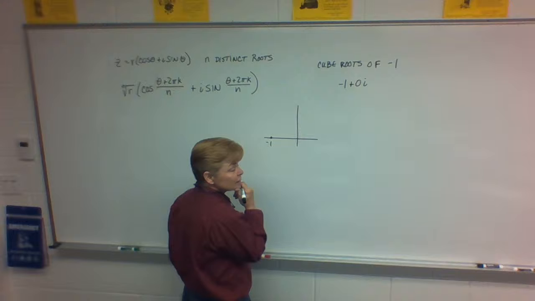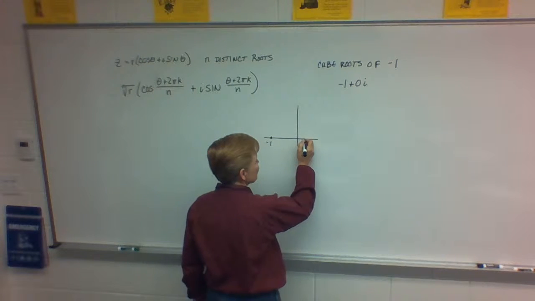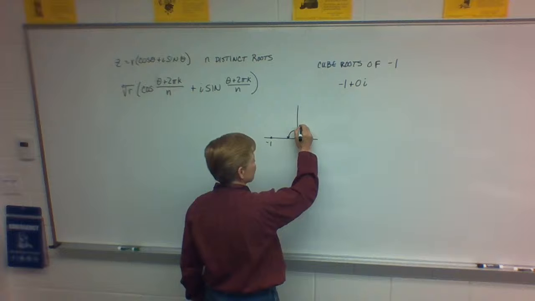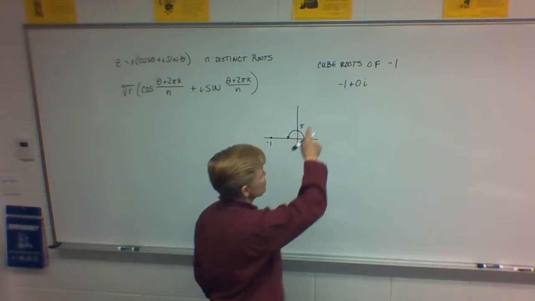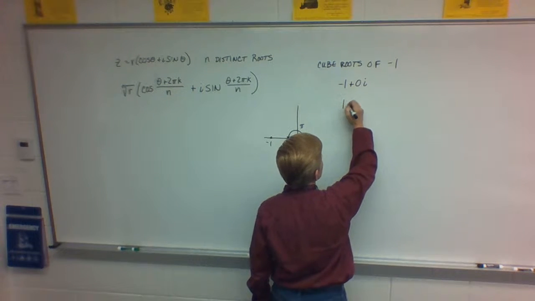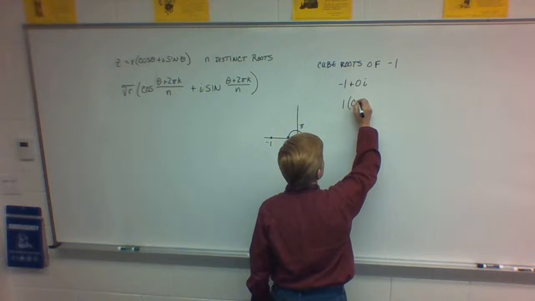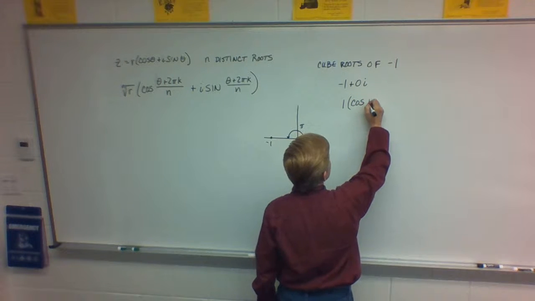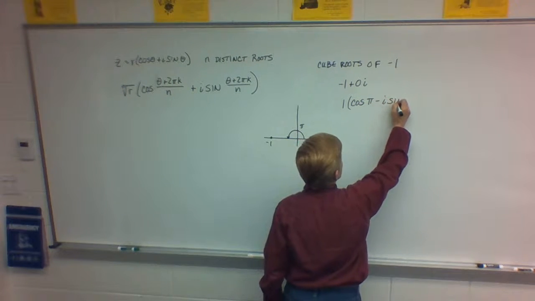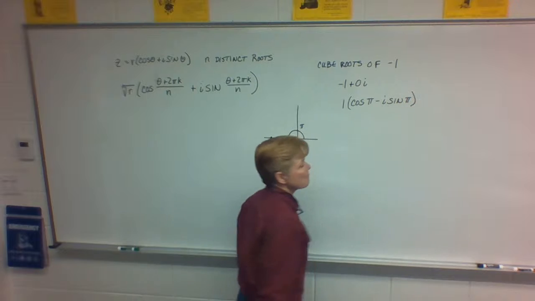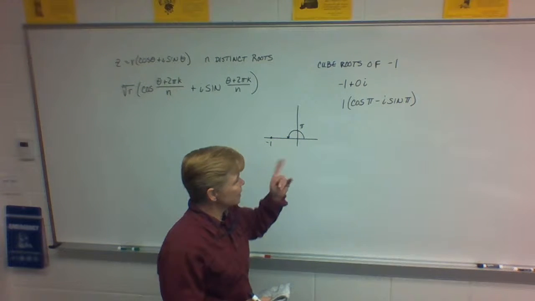It is 1. What is the angle that spun it? Pi. So this thingy in cis form is going to be 1 times the cosine of pi minus i sine pi. That's the beginning cis form of this.